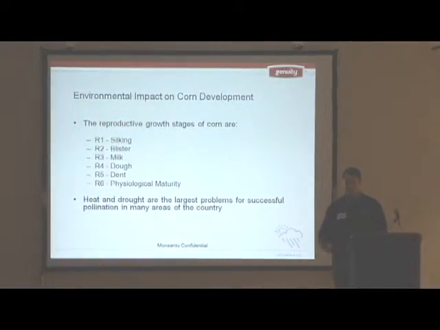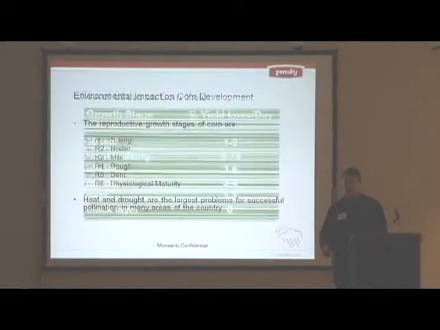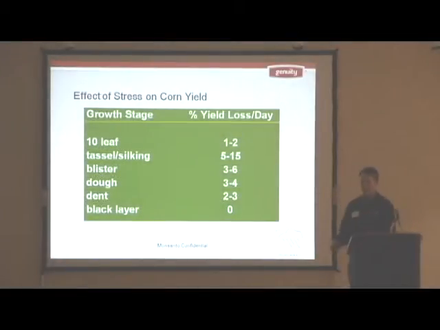And again, a review of some of the most critical times in the growth of corn planting. That reproductive stage from silking to maturity. We all understand if we don't have water, that plant's going to be stressed. We don't want it stressed in those critical times. If you just look at the potential loss per day, if that corn plant is stressed at the 10-leaf stage, you can lose 1 to 2%.